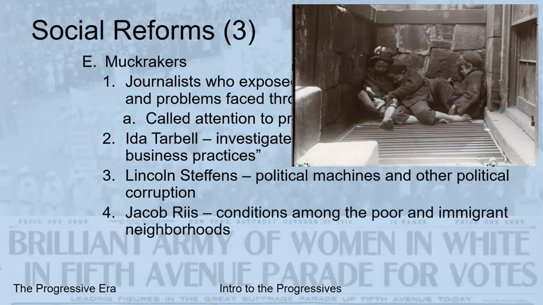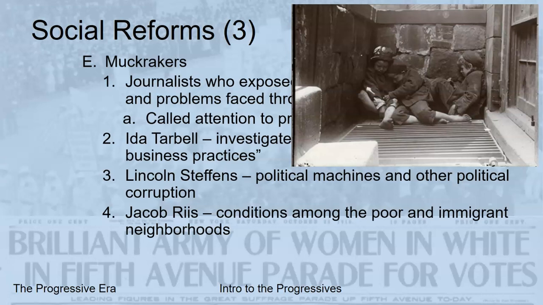Another muckraker was a guy named Jacob Riis. Jacob Riis was a photojournalist, and he exposes the conditions that exist within the poor neighborhoods and immigrant neighborhoods. If you remember back to the Gilded Age, one of the accusations against the poor and the immigrants was that they were dirty and they didn't take care of themselves.